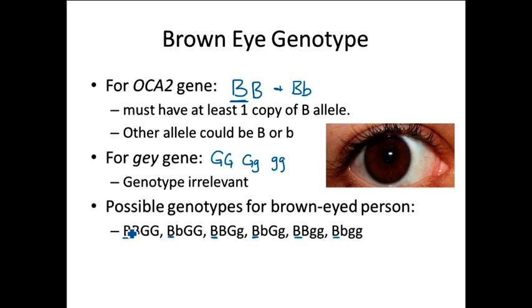So this genotype is considering both of those genes, and for both of those genes, you have two copies, so you have to list the alleles for both of them. This is pretty interesting. We have six different genotypes, but they all result in one phenotype.